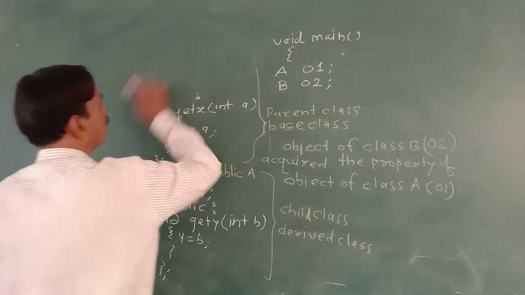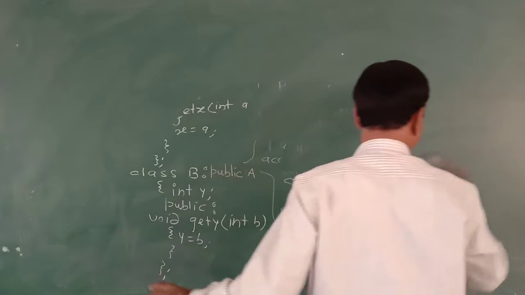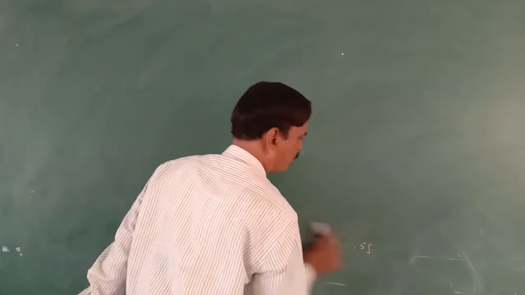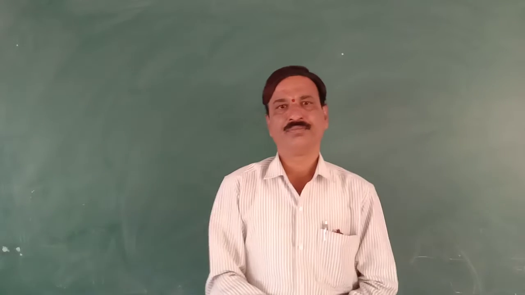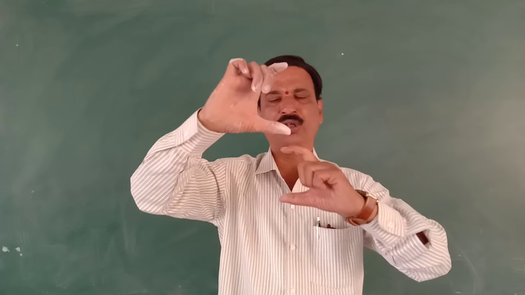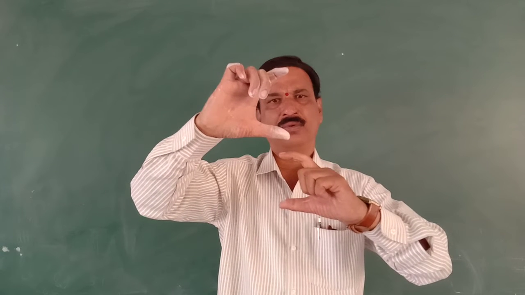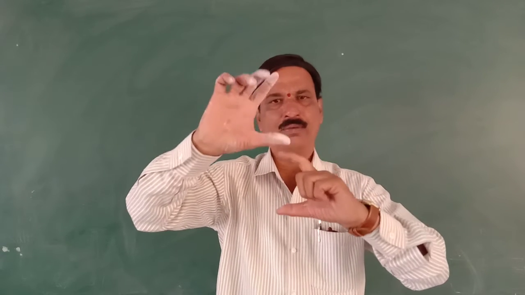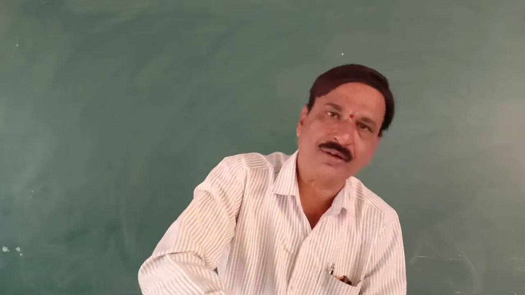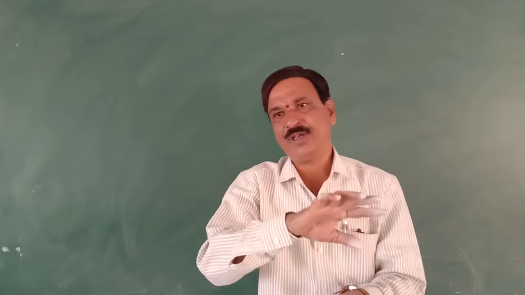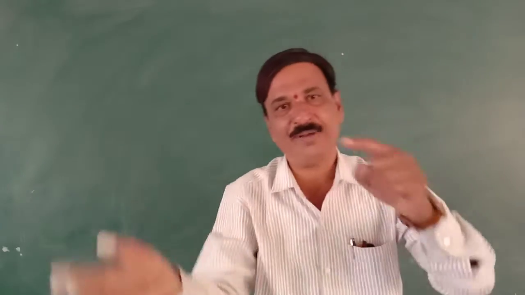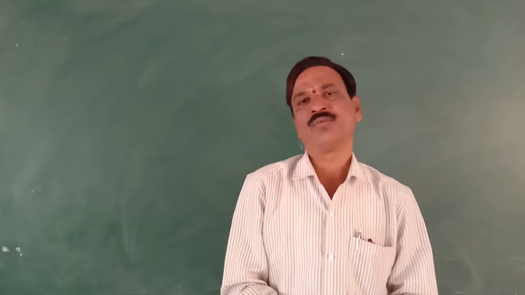Now, here we have seen class A and class B, two classes were defined. Both the classes were distinct, standalone, separate. There was no relation, but we made the relation between class A and class B. Class A declared as a base, class B declared as a child, derived.